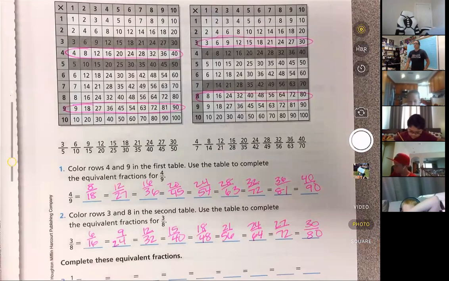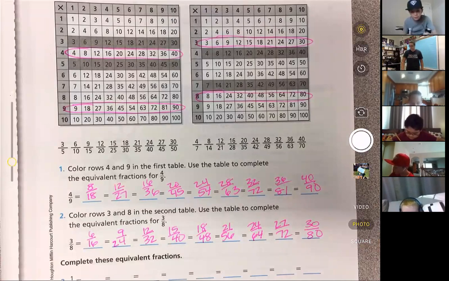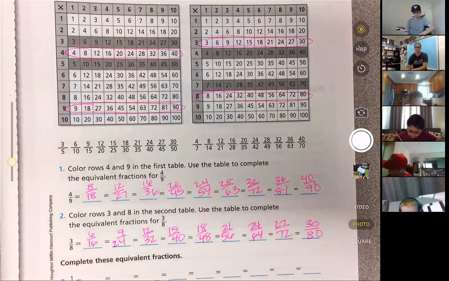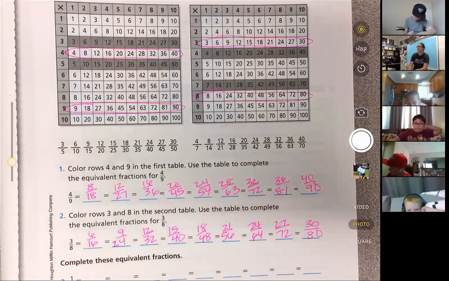When you're finished, check your work with mine. And if you can, give me a thumbs up virtually on the screen when you've got that down.